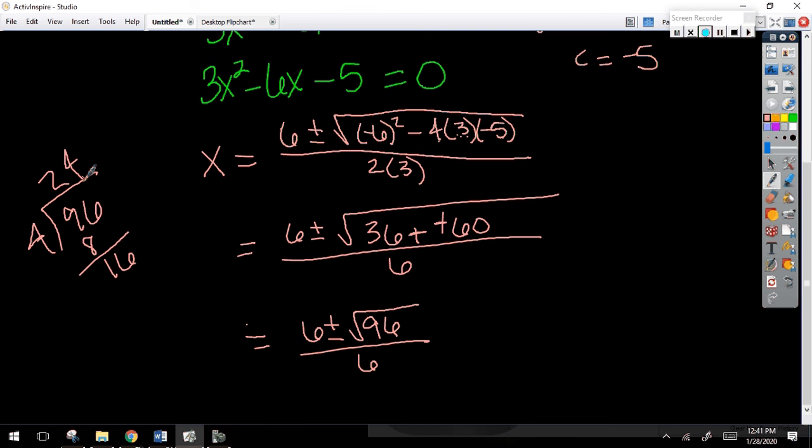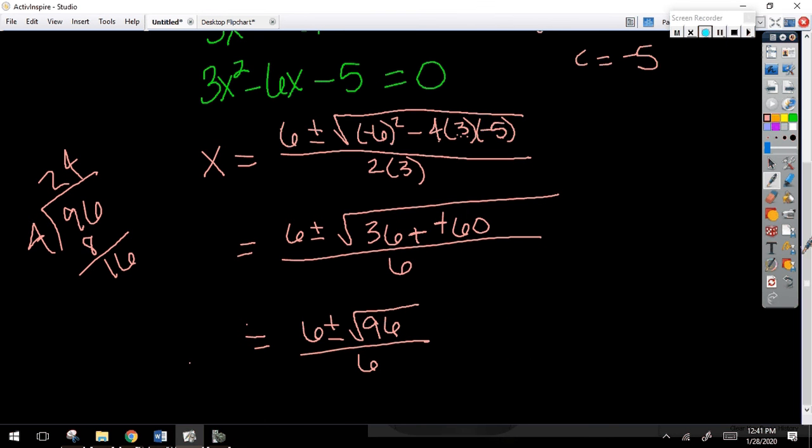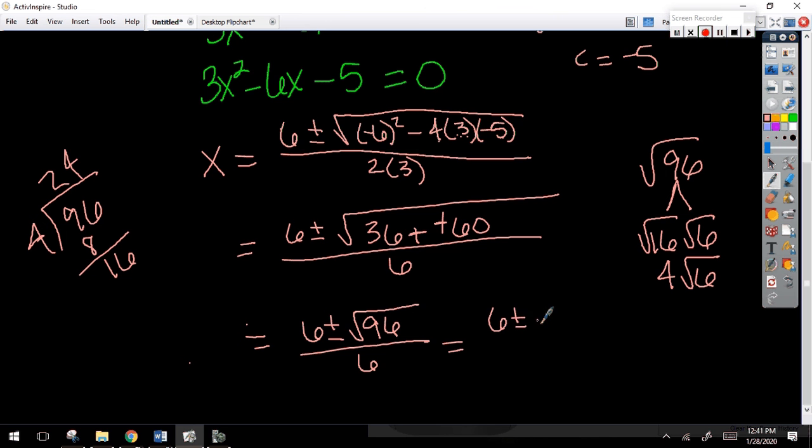Somebody with a calculator do it. 6 times 16? Nice. So what I'm doing is I'm looking at 96, trying to find the biggest perfect square. So 16 and 6, which would be 4 times the square root of 6. Y'all see what we did there? So this becomes, I'm out of room here, 6 plus or minus 4 square root of 6 over 6. That's a lot of 6's.